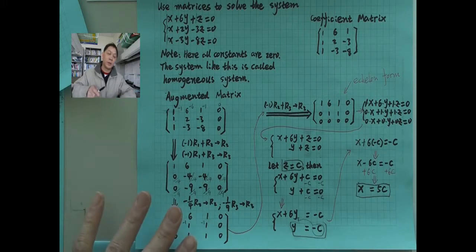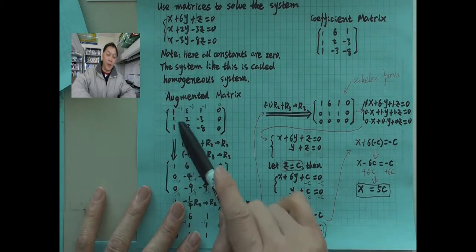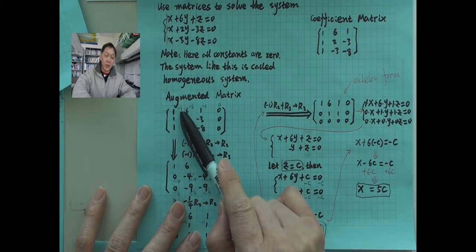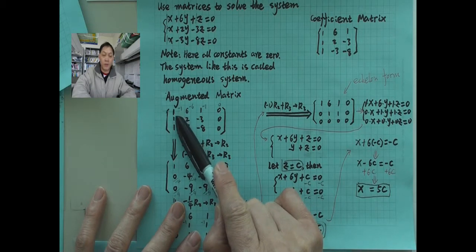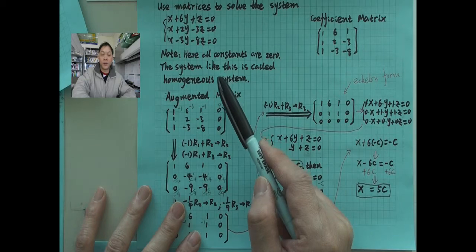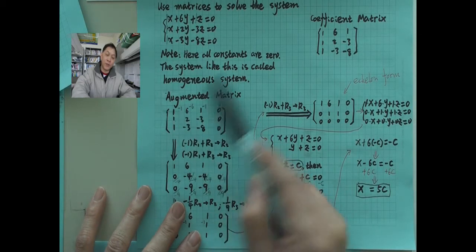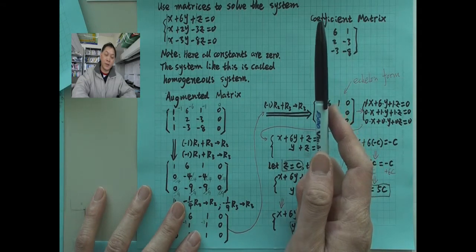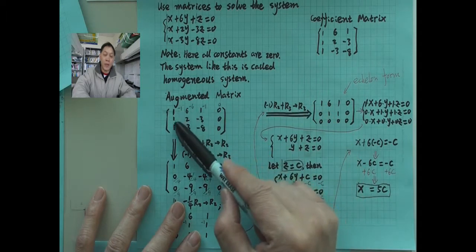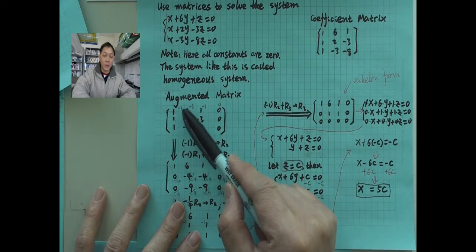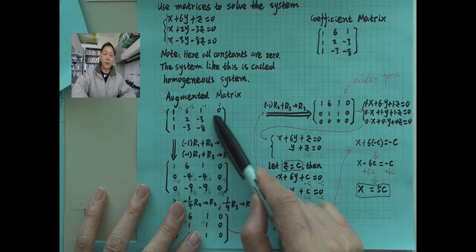So if here is 1, we need a negative 1 in the first row, and then negative 1 and positive 1 can cancel each other. So we use negative 1 times the first row.